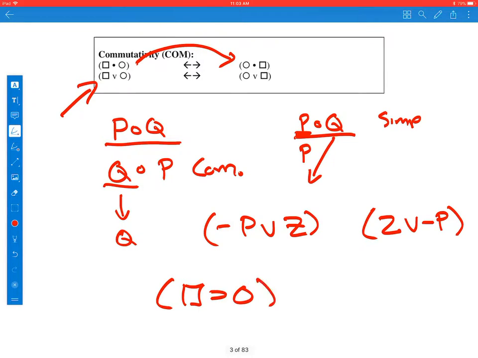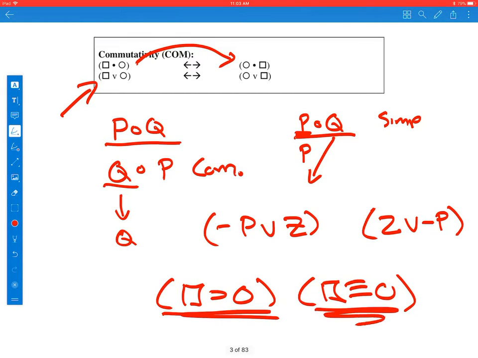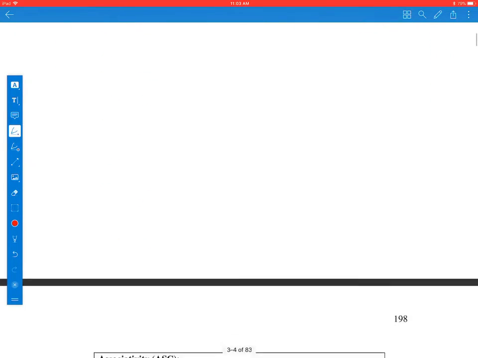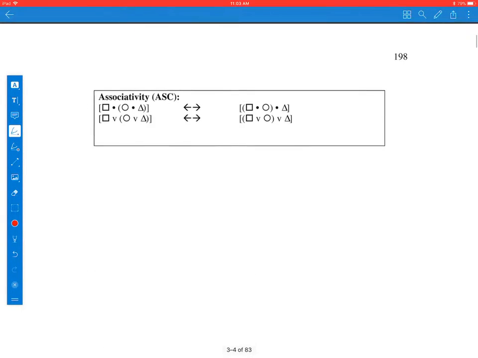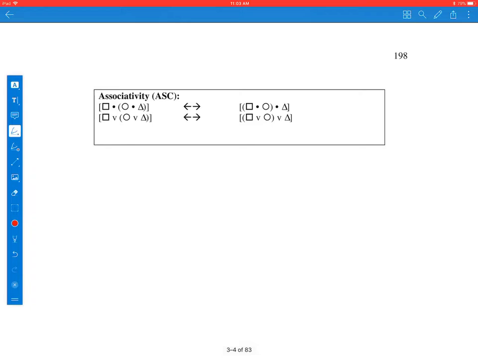It does not let us switch places for conditionals or biconditionals, so don't try commutativity on those, not allowed, only conjunctions and disjunctions. Okay, let's move on to another.